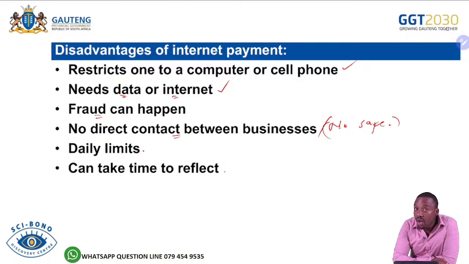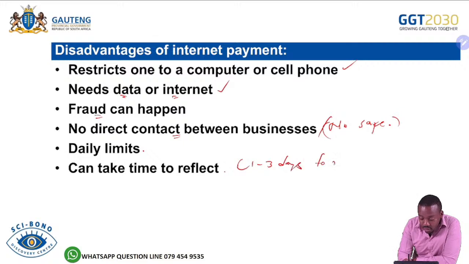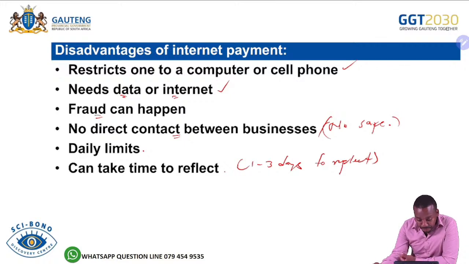If it is instant, the money will go in immediately. If not, it can take 2 to 3 days to reflect, especially if you are using different banks. So this can be a disadvantage due to the delay in terms of time.